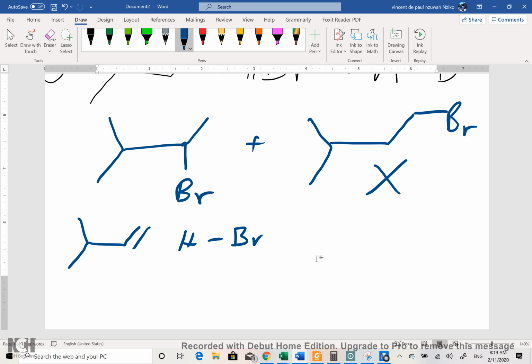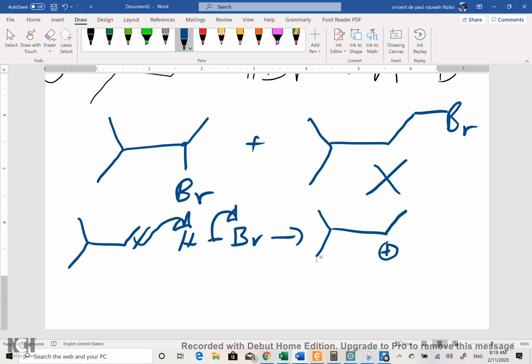So the electrons leave from the double bond to the hydrogen, and this one breaks to the bromine. Once you do that, you will have this carbocation. That's a secondary carbocation.